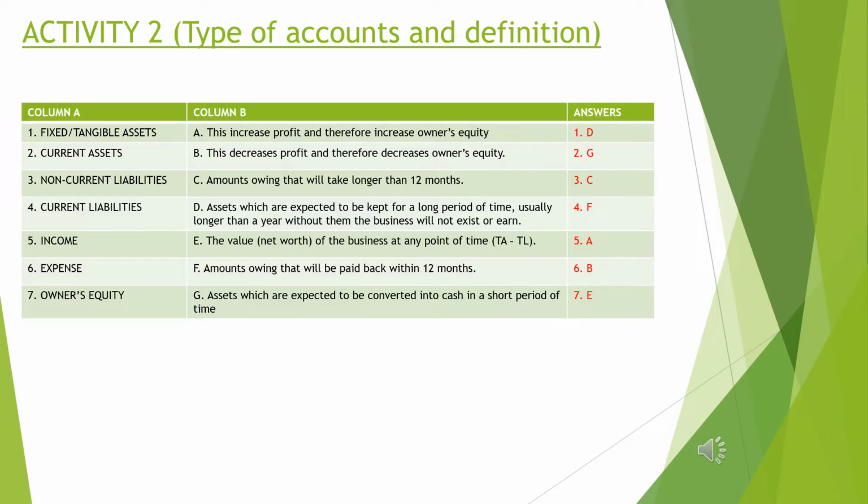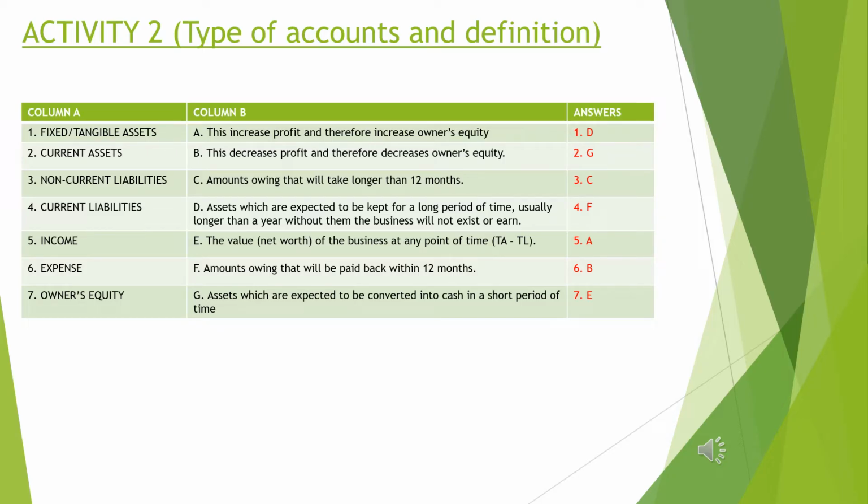For us to be able to answer this particular question, it is easier if we read the instructions carefully, because these instructions give us guidance with regards to reading column B, these definitions, and matching them with column A, which are accounting concepts or types of accounts. So let us look at column B.